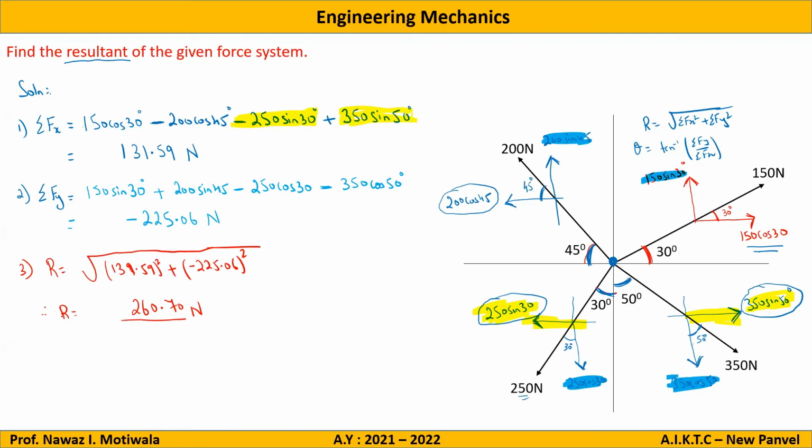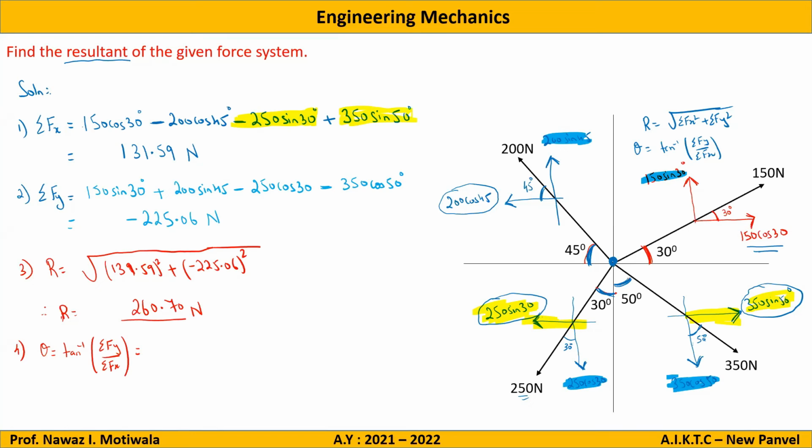Okay, so now we have completed half the part of the resultant because we have just found the magnitude. The last part is to find the direction, that is theta, whose formula is tan inverse of summation Fy by summation Fx. Before giving me the answer, keep one thing in mind. When you write this formula, don't use the negative sign.